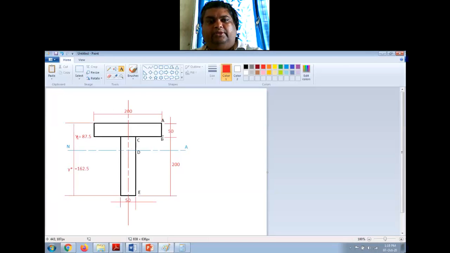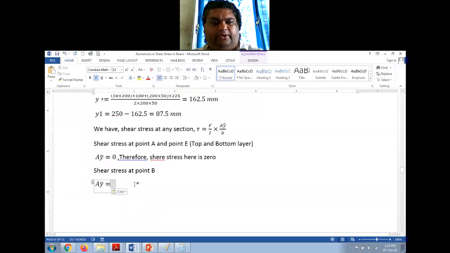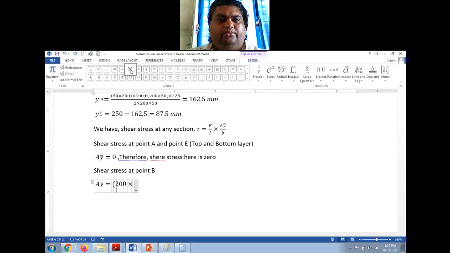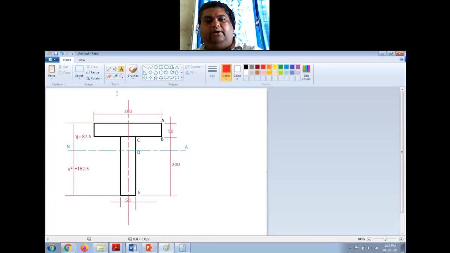See, this is B. Area above B is this rectangle, correct? And this rectangle area is 200 by 50. So I'll put 200 into 50 into y bar. Y bar is the location of the center of gravity of this rectangle from the neutral axis.